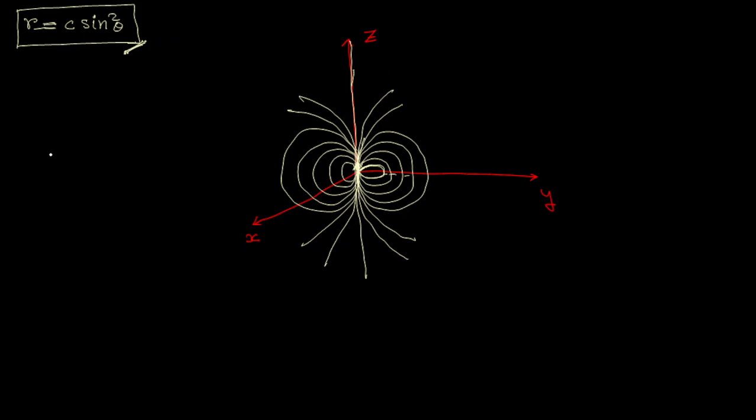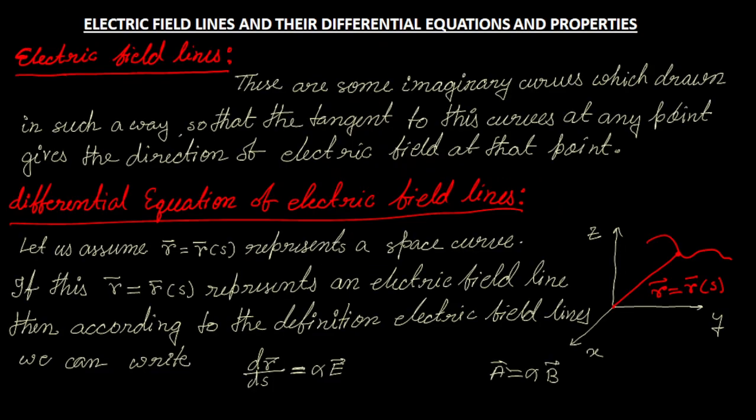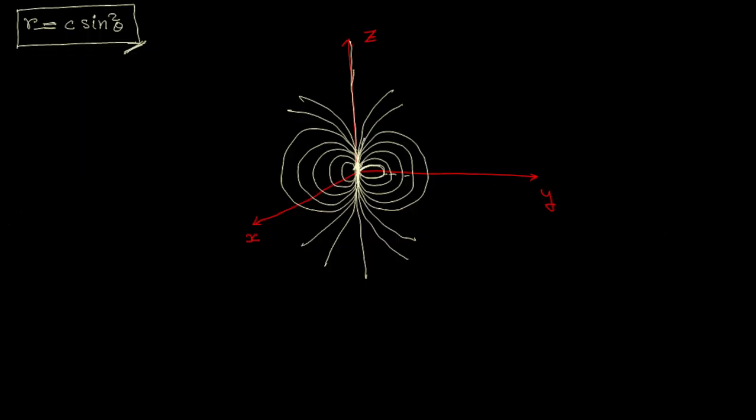Okay, so now we know the definition of electric field line and their mathematical representation. And if we want to draw this practically, we have to place the dipole here, and then if we place a point charge in this region, a movable unit positive charge, this charge will follow this path.